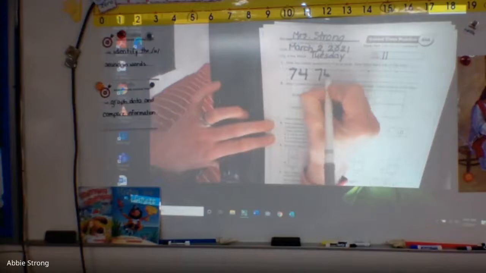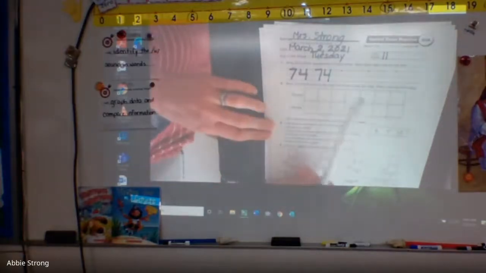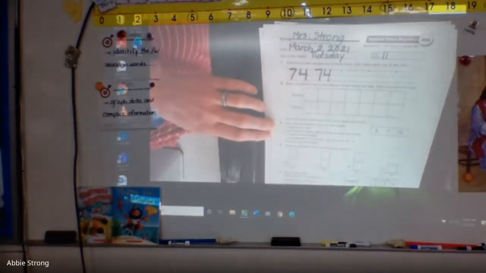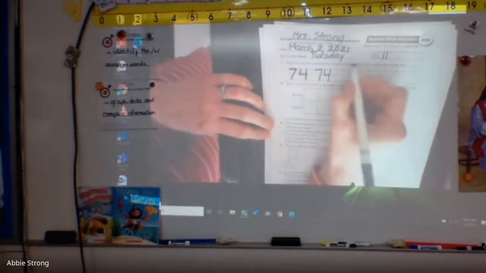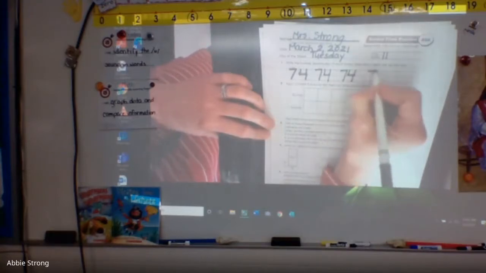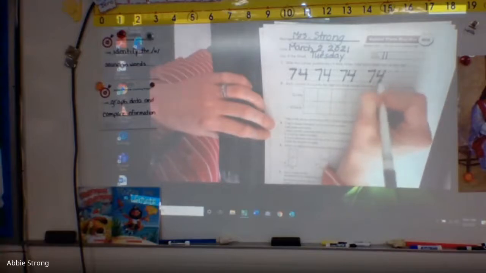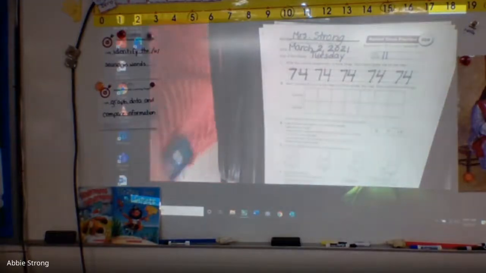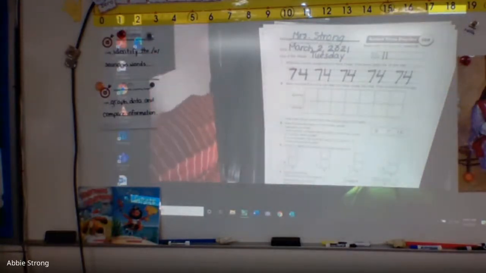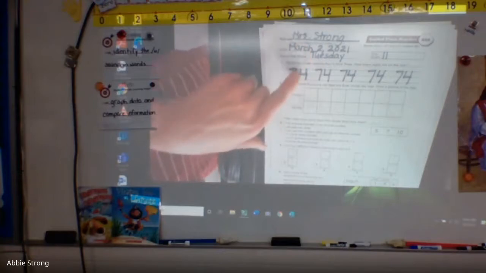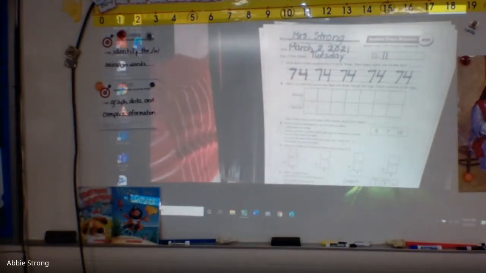Now, when you're writing this, Journey, we're not going to put a 4 on a dot and a 7 on a dot. The dots are for the 7. Perfect. So we're going to make our numbers close together so we have enough space to get them all on the lines. The question we need to answer says, how many digits are on the line?